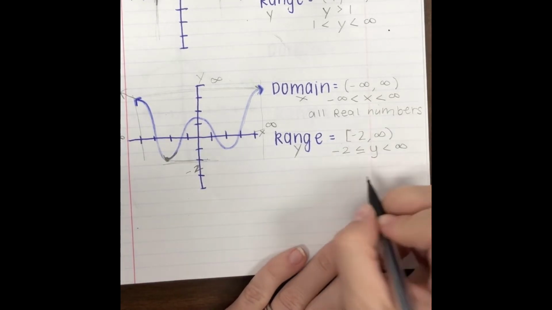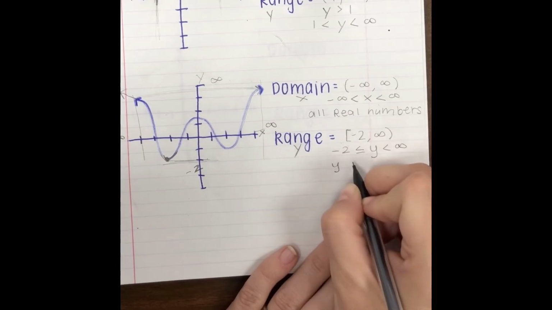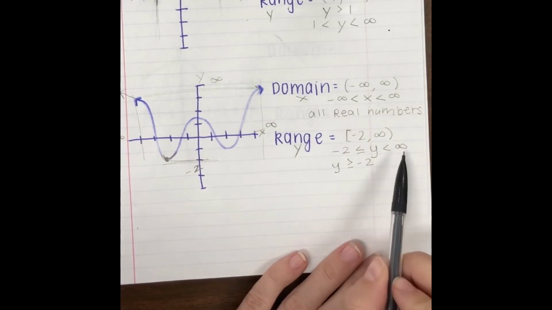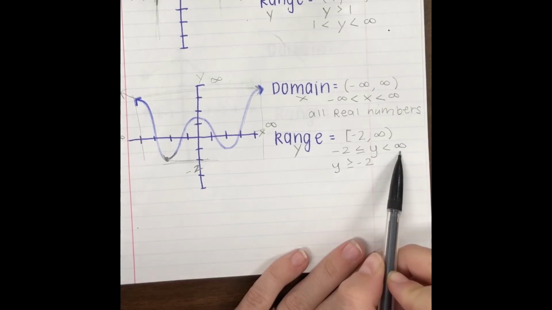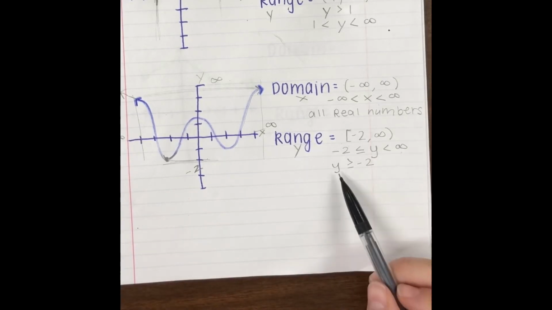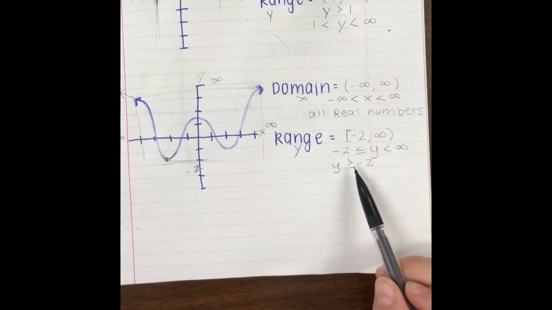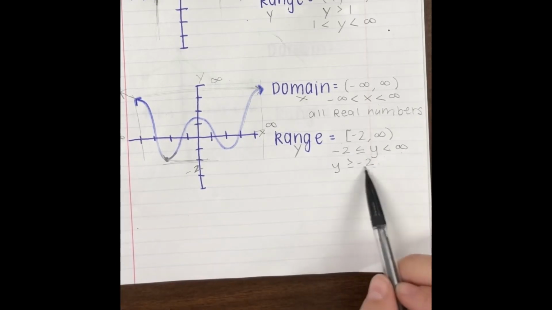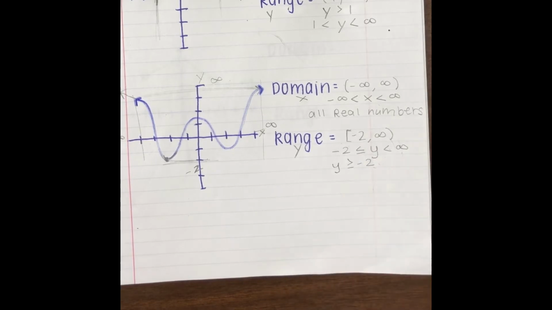Or you could say any y value that's greater than or equal to -2. You don't necessarily have to have that infinity on the end because anything greater than -2 is going to go all the way up to infinity. So either of these work. All of these three things mean the same thing.